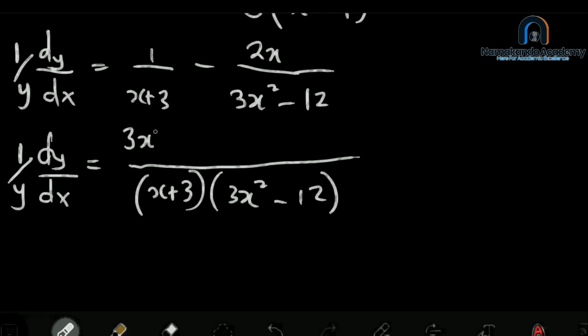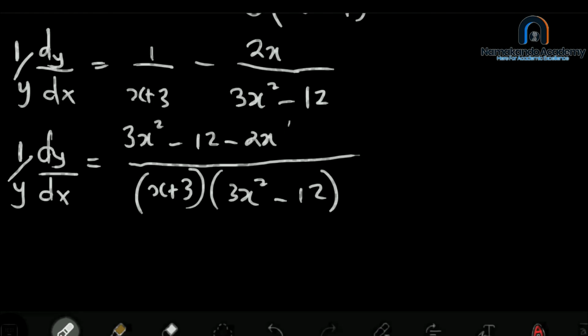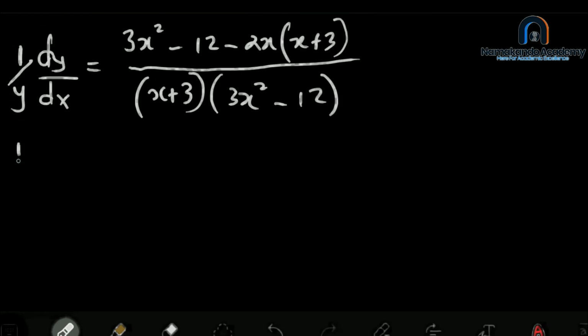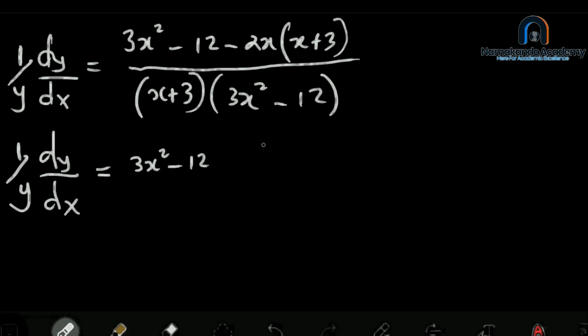So it becomes 3x squared minus 12 minus, when this divides into everything, we'll have 2x to multiply with x plus 3. Now from here we get 1 over y dy/dx equal to 3x squared minus 12 minus 2x multiplied with x, we get 2x squared, negative positive negative, 2 times 3 will give us 6x.